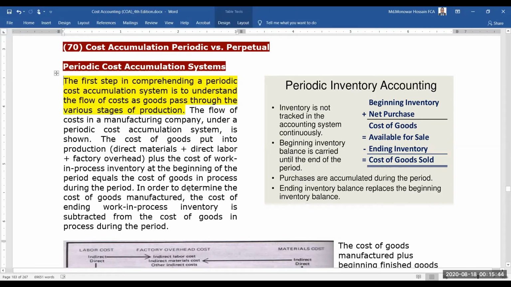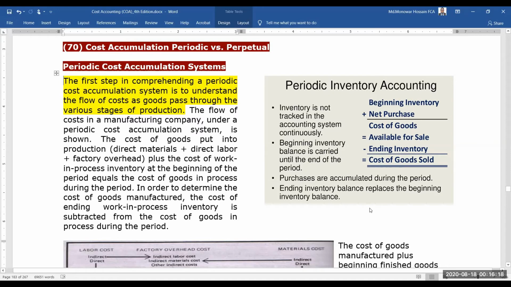The flow of cost in a manufacturing company under a periodic cost accumulation system is shown, and the cost of goods put into production, direct material and labor, are put into the cost of work in progress. So look here, periodic inventory accounting: beginning inventory plus net purchases gives cost of goods available for sale, minus ending inventory, then we get cost of goods sold.